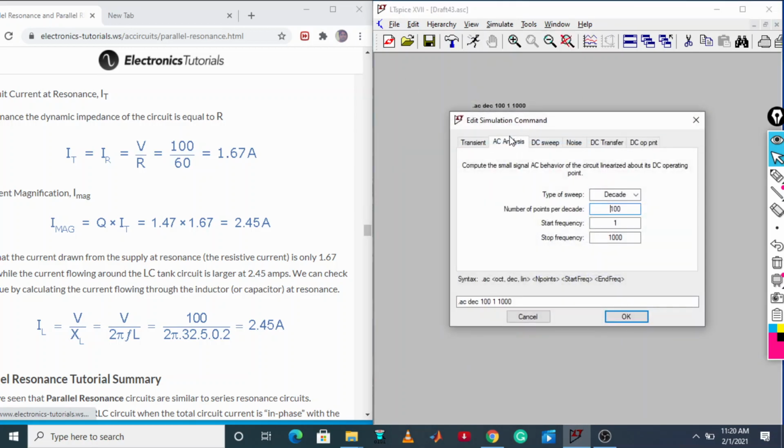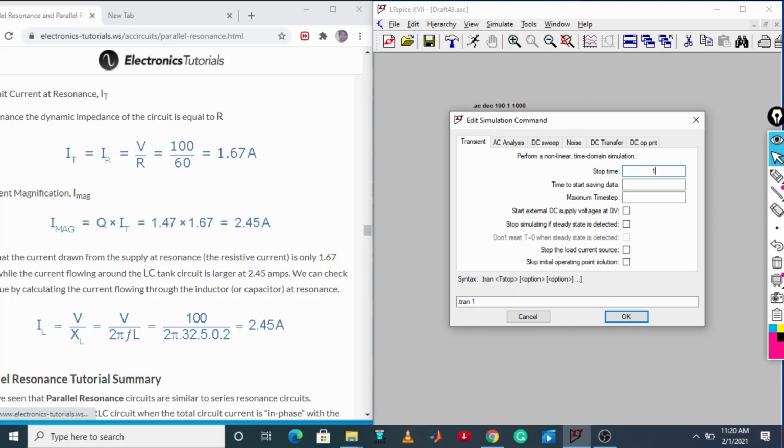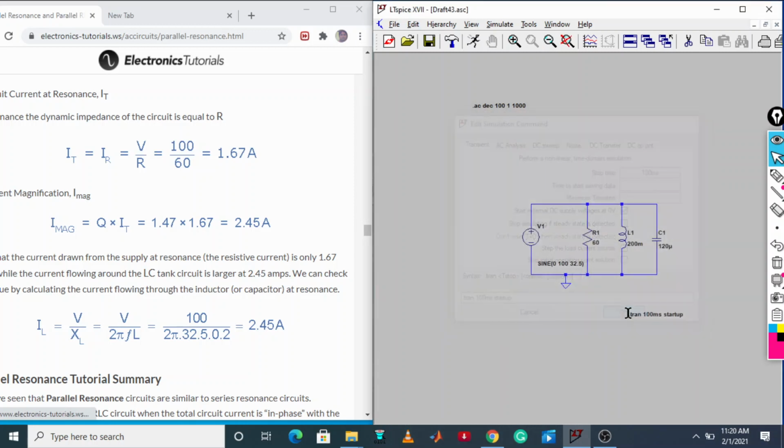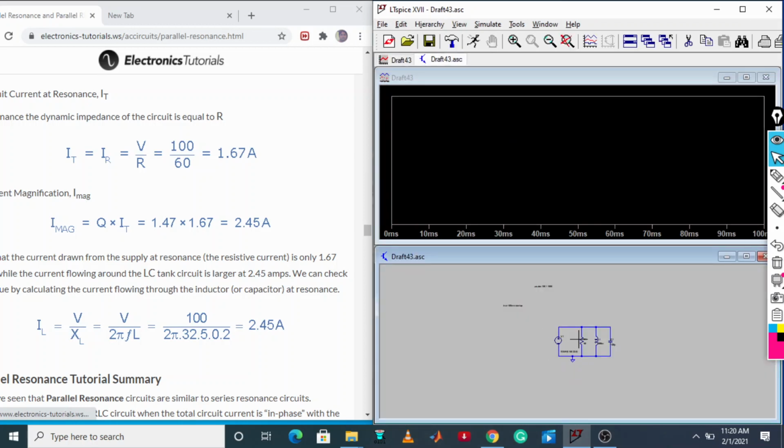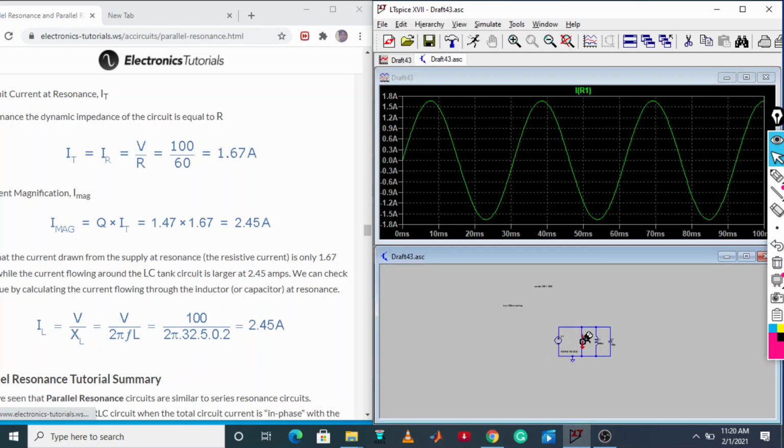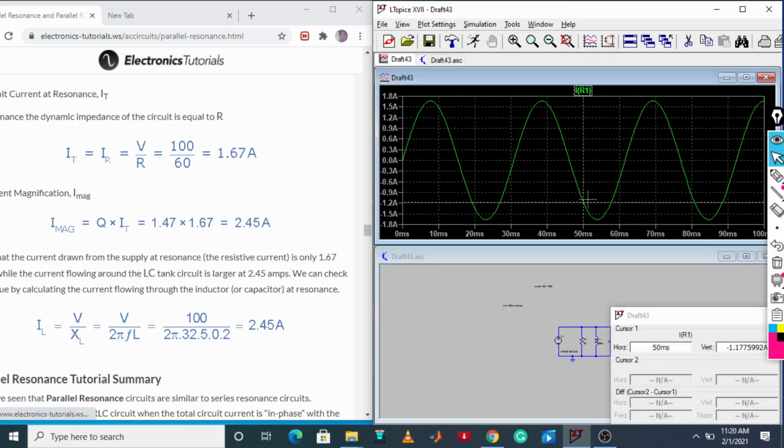Now we are going to do the transient analysis and give 100 millisecond time and start external. This is voltage at 0. OK, put this one, this last command will be ineffective, then run. Now we need to calculate the current. If I plot this, this will give me the current across the resistance, which is 1.67.